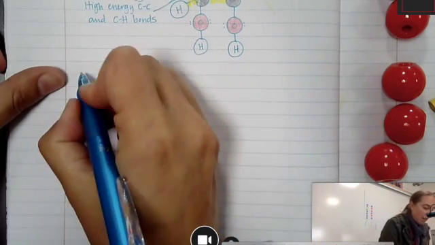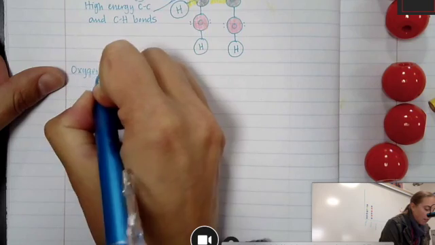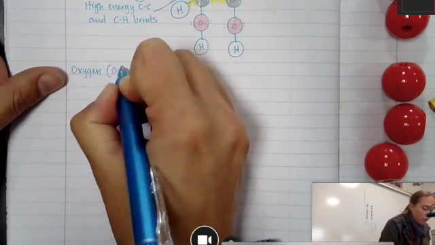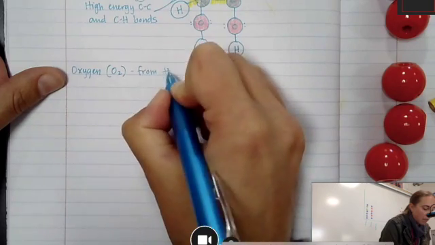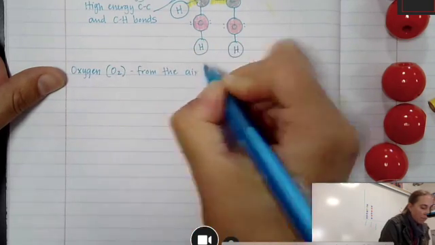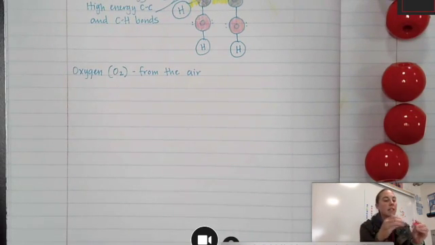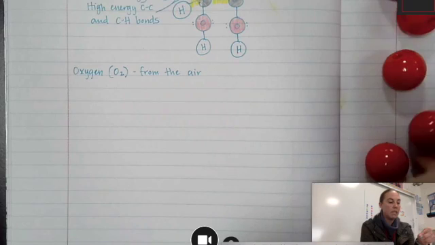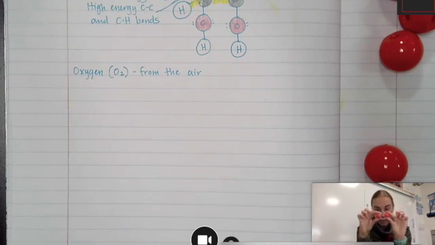Oxygen, when it's in its molecular form, is O2, and you are going to get that from the atmosphere or from the air. So O2, if we make it with our models here, is going to have two oxygen bonded together. And because we know that oxygen needs to have two bonds, we're going to have to double bond these. So it's going to look like this.